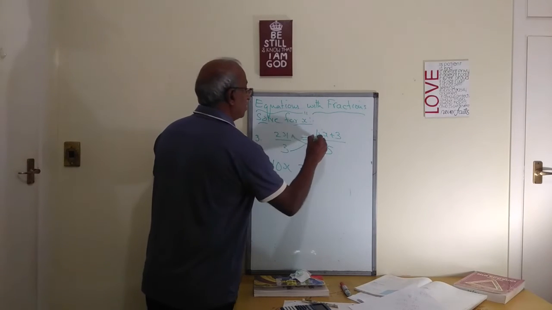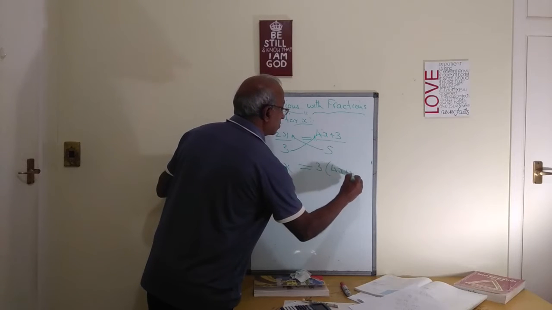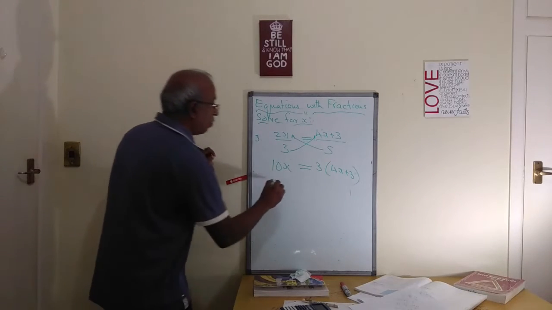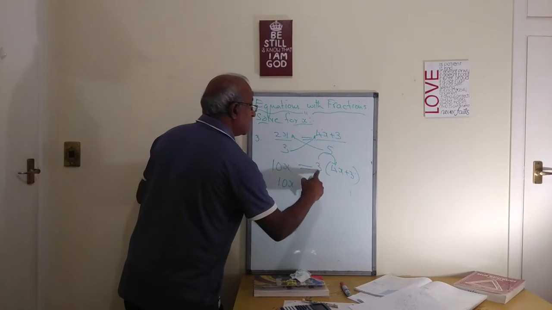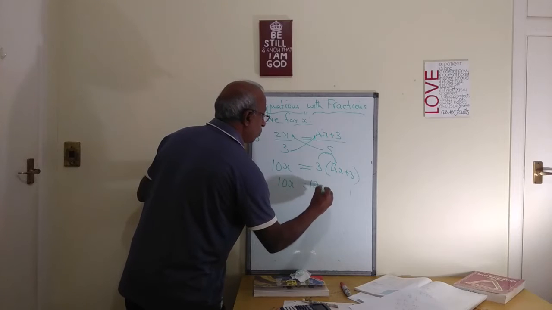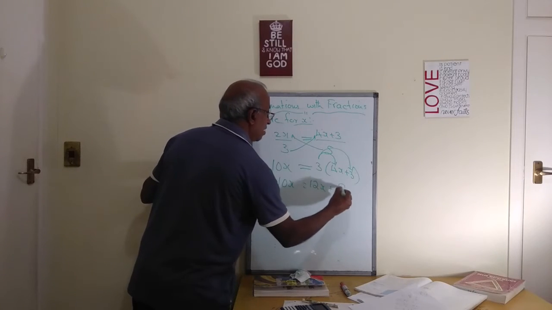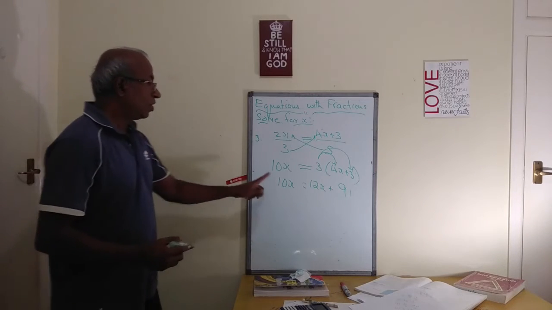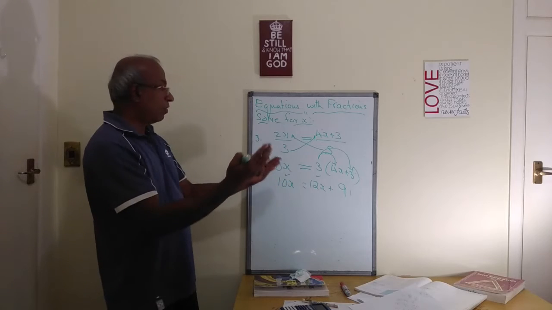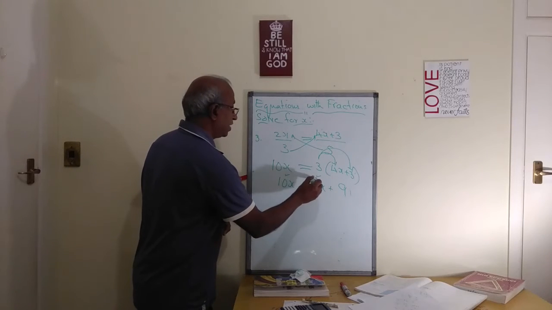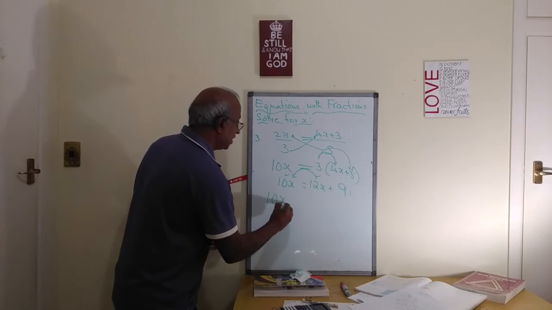Then you multiply this way, so please put them in a bracket, 3 bracket 4x plus 3. Okay, open the bracket. 10x is equal to 3 times 4, we have 12x. Put that plus sign. 3 times 3, we have 9. Now you can see x on both sides of the equation. You take all the x to one side. I'm taking that x over to this side. On the left hand side, there is already 10x.